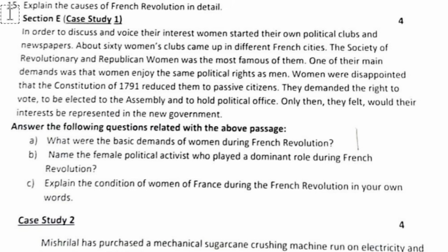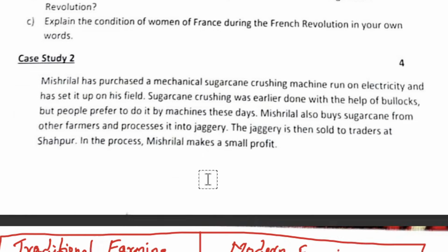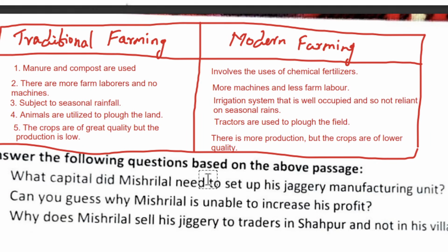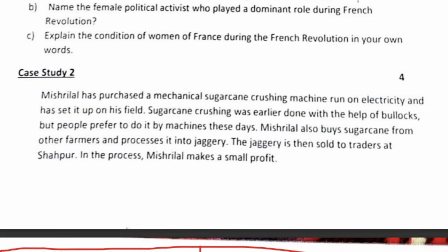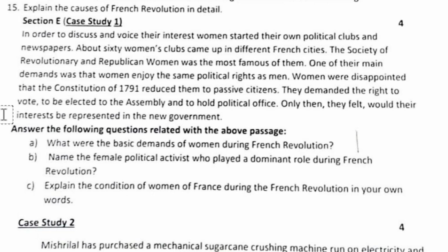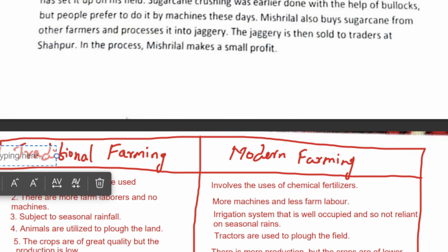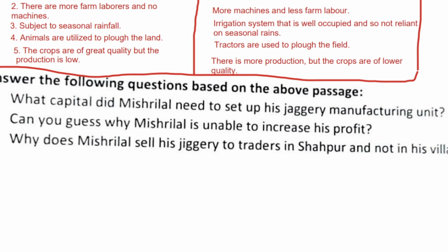And the next question, explain the causes of French Revolution. This one is question number 14. So next we will write question number 15, French Revolution. Okay, I hope this is also visible to you.